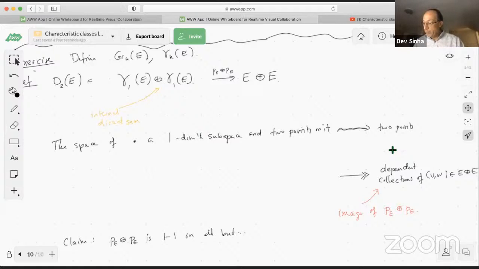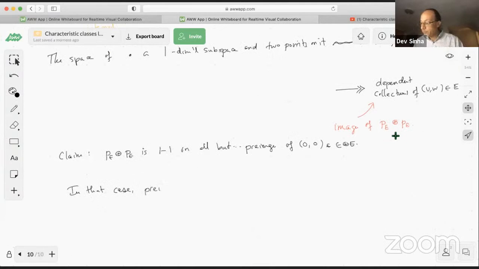But here's a hint, I'll pretty much give it to you: on all but when both points are 0, on all but the preimage of (0, 0) in E plus E. In that case, the preimage is just a copy of GR1E.